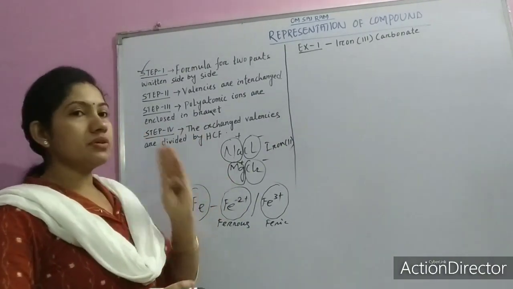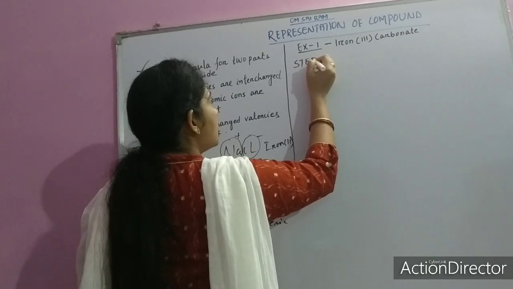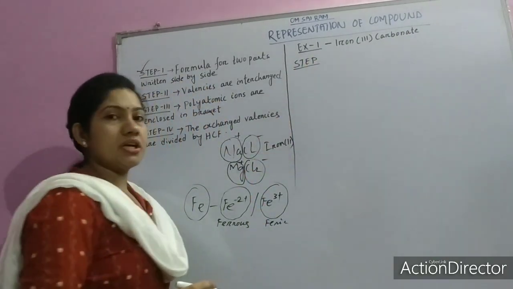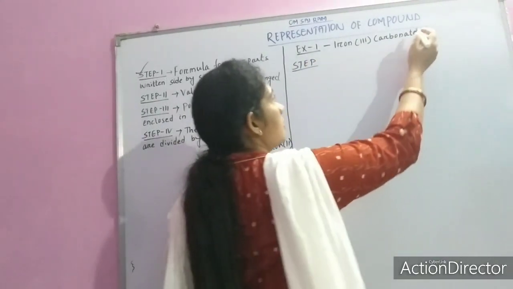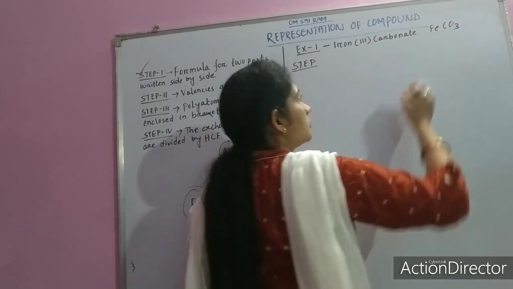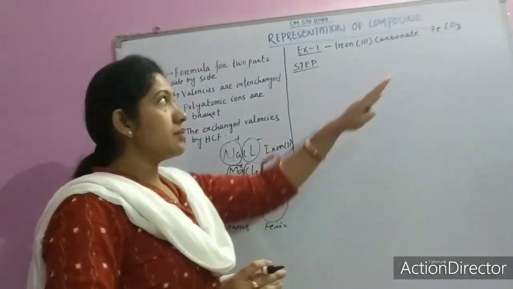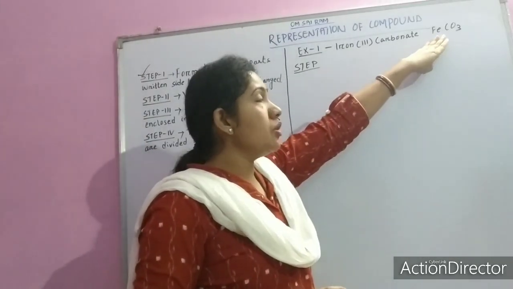Let us start with our first step. What we have to do is separate the 2 parts. The formula of iron 3 carbonate will be FeCO3. We have to derive this, meaning how we can get FeCO3.